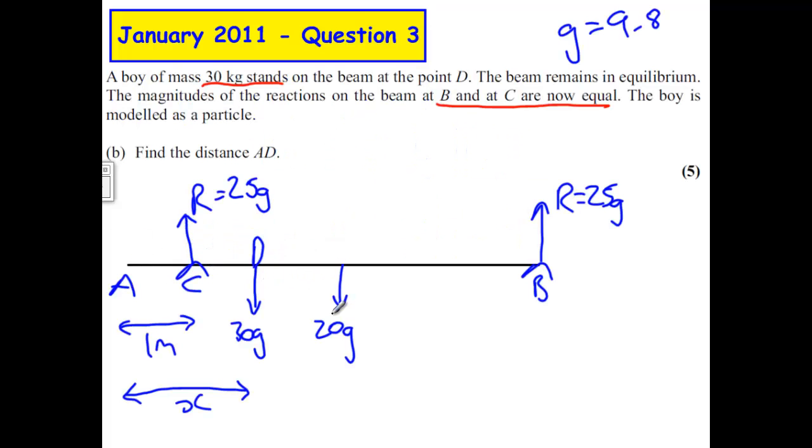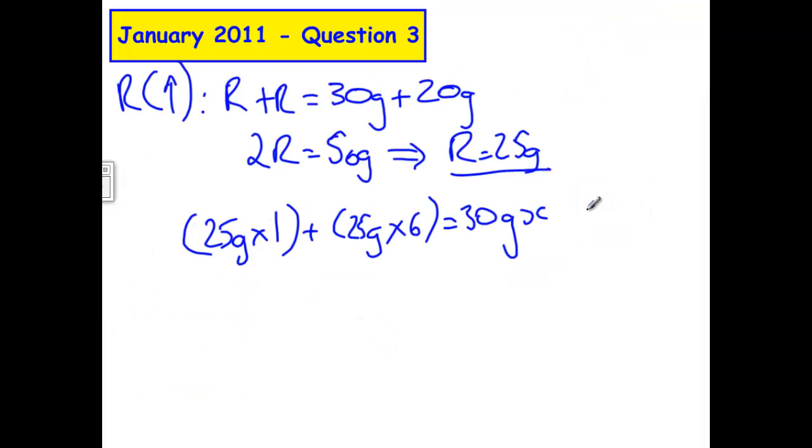And we've also got the weight of the beam, which is 20G, acting a distance of 3 meters from A. Now, at this stage, I haven't actually made it clear to the examiner where I'm taking moments about. So just to make it a little bit clearer, I'm going to write moments at A.